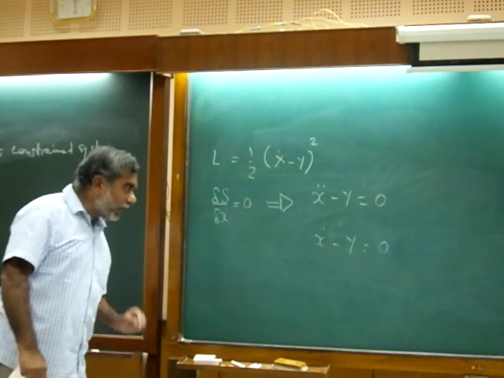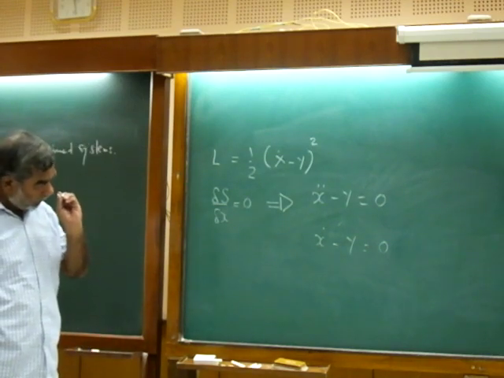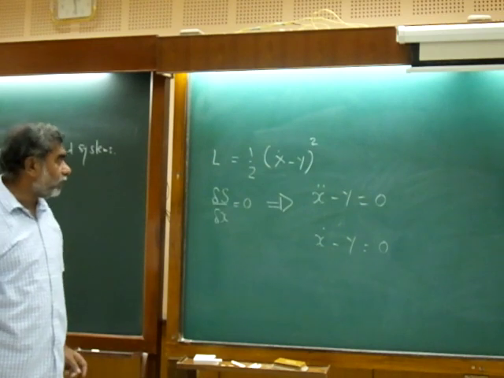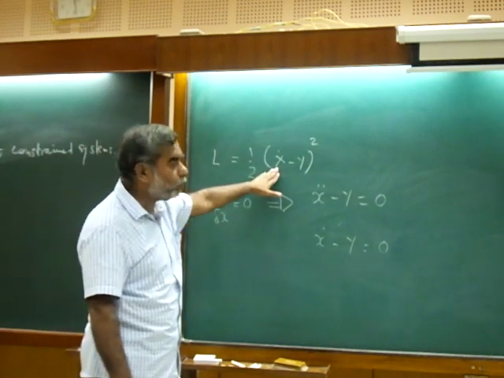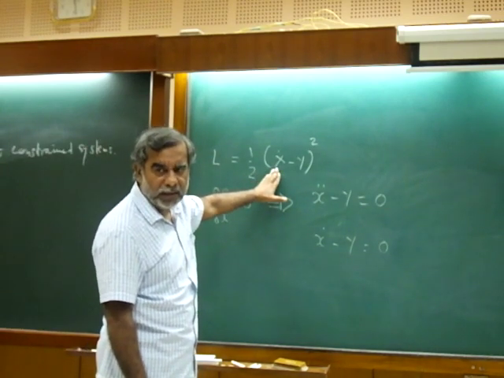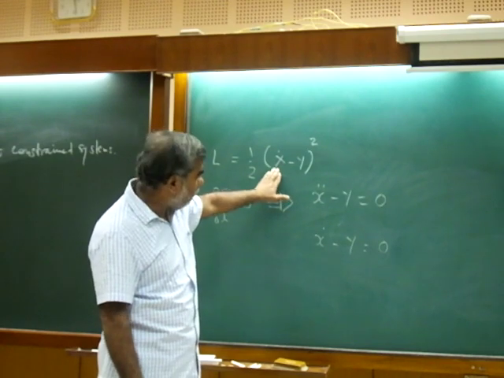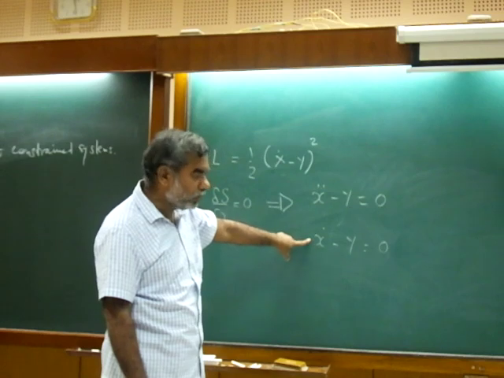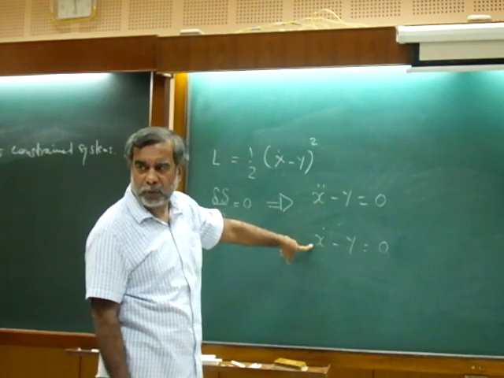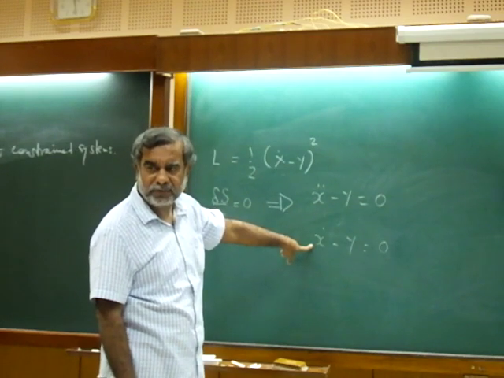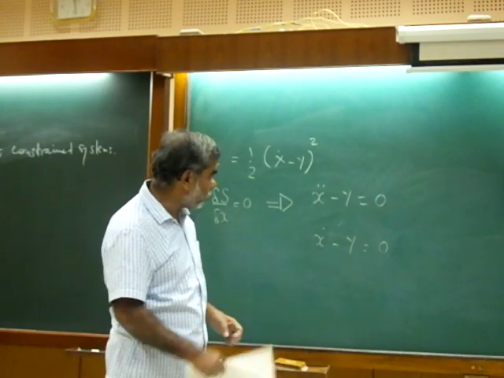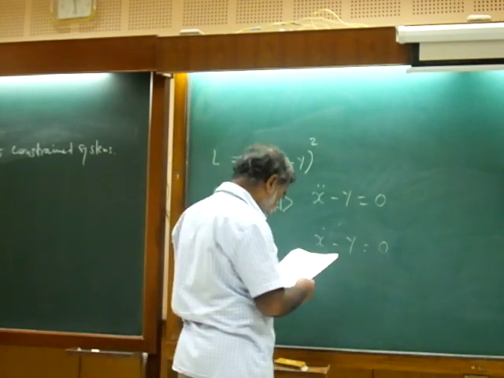So you see already there is some subtlety involved. The system actually has 2 degrees of freedom, x and y, but the 2 equations of motion are actually not independent. The first equation of motion is just a consequence of the second equation of motion. If you just take a time derivative on this equation, you will reproduce this other equation.